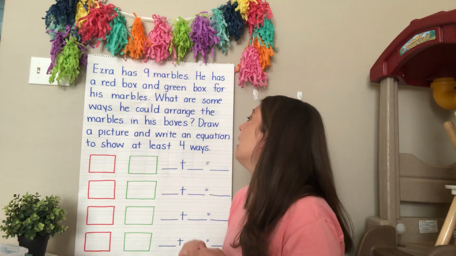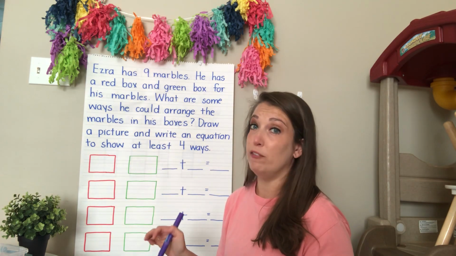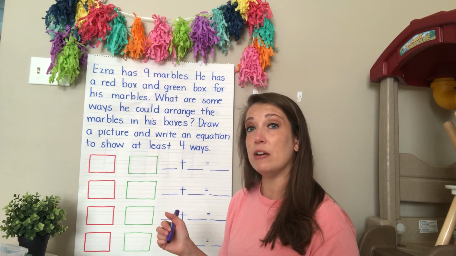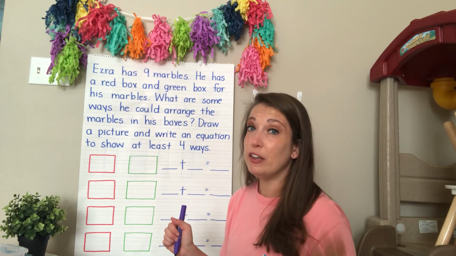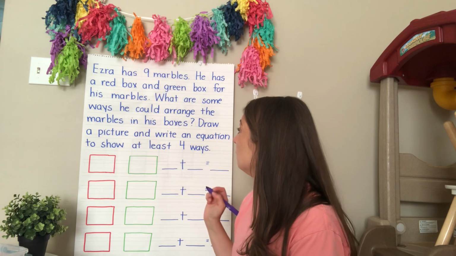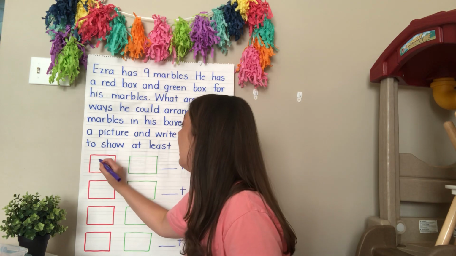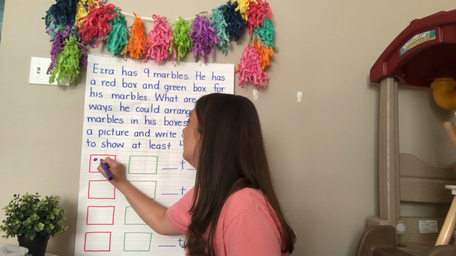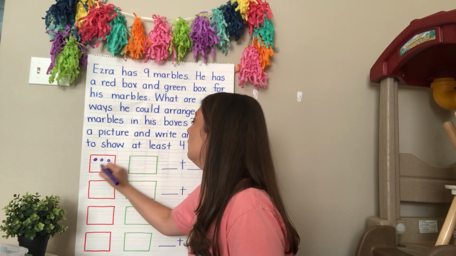Okay, let's see. There's actually a lot more than 4 ways that he could do this. I'm just going to show you 4 different ways. You could have some different ways shown that I do not have here. All right, one way that he could do is he could have 7 in one box.